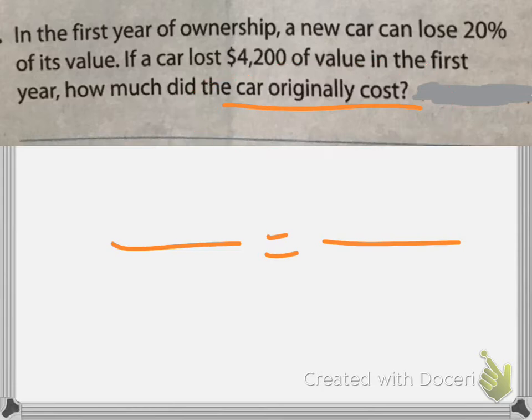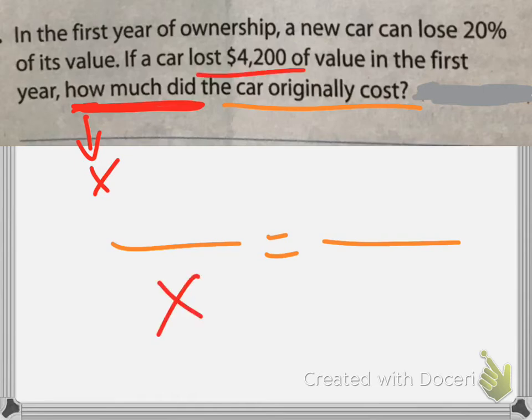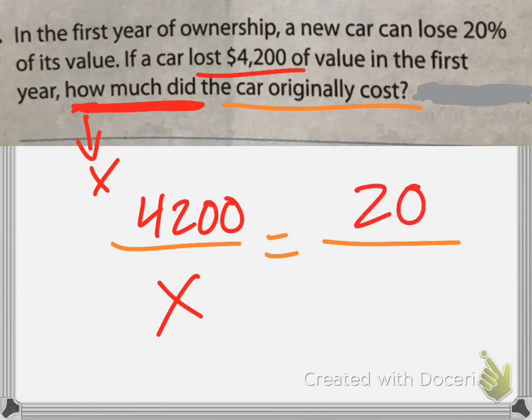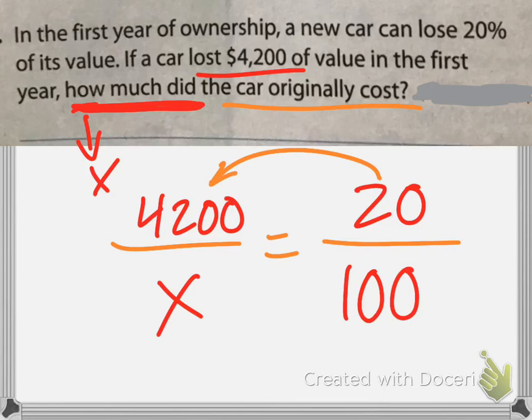So when I set this problem up, it says how much. How is again our question word, meaning X. That's our whole. X goes down here. It lost that much money. And we know it's 20% over 100. To get to here, we multiply it by 210.